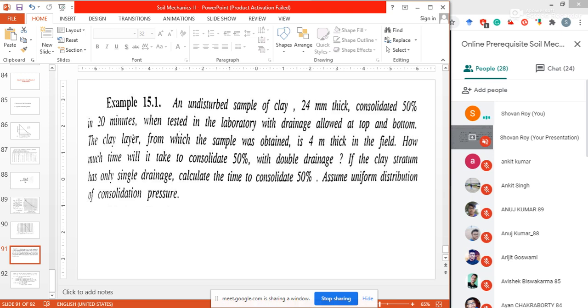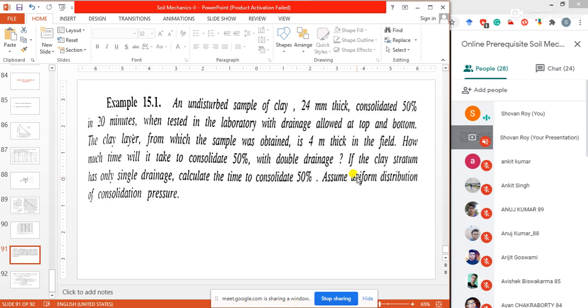The clay layer from which the sample was obtained is 4 meter thick in the field. This is our laboratory value, and this is the field condition from where the sample was taken. In the field, the actual soil layer is 4 meter thick.